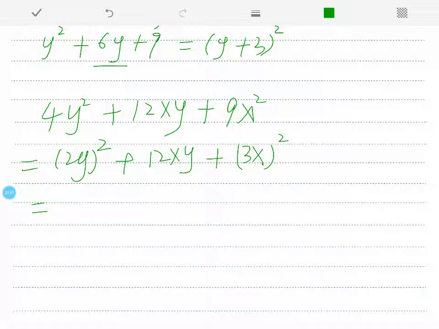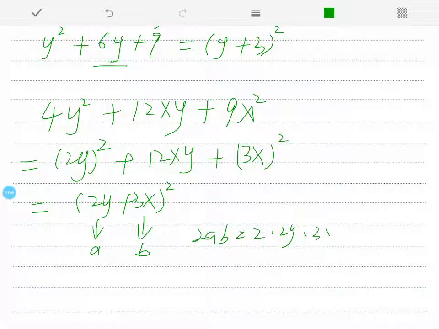Let's double check if that fits the formula. That would be 2y plus 3x squared. So 2y is a, 3x is b, then 2ab equals 2 times 2y times 3x, which exactly equals 12xy. That means our factorization is right.